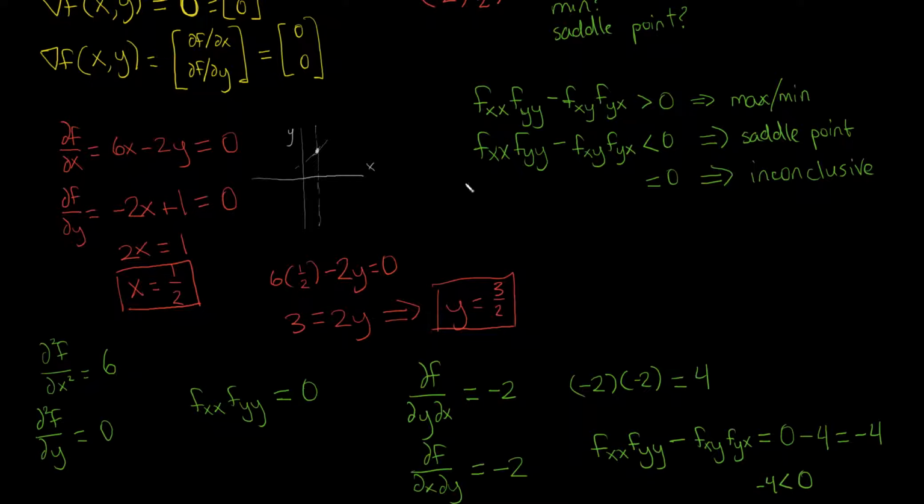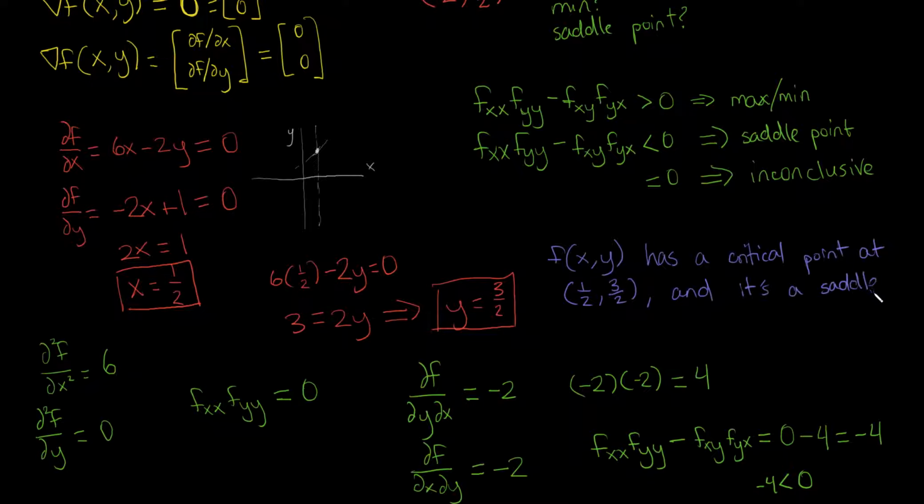So we can conclude that f of x, y has a critical point at x equals 1/2, y equals 3/2, and it is a saddle point because the second partial derivative test was less than 0.